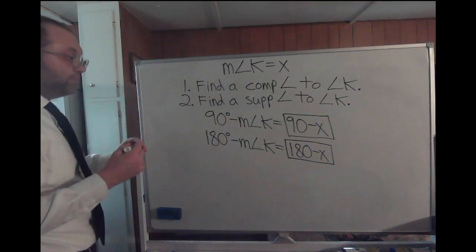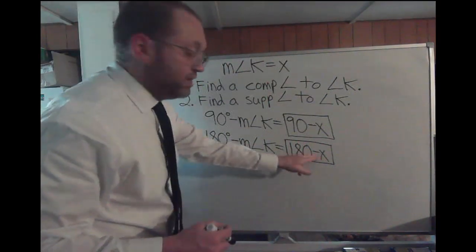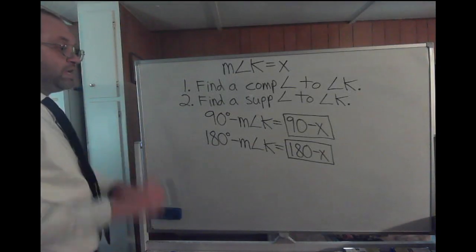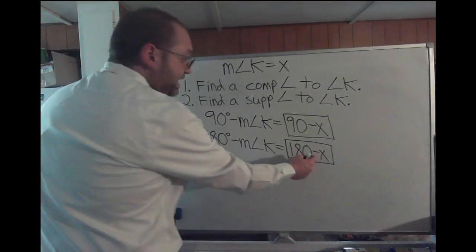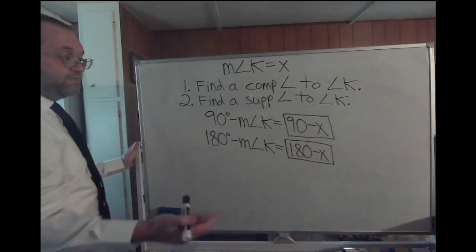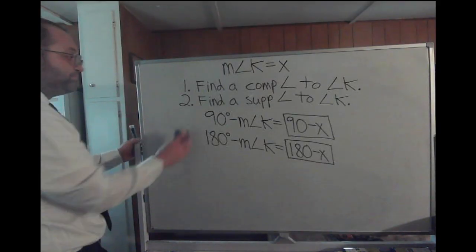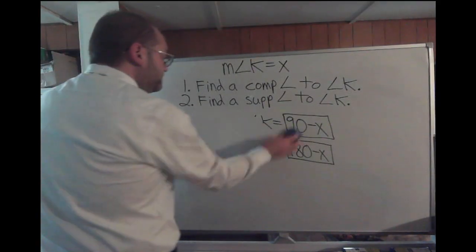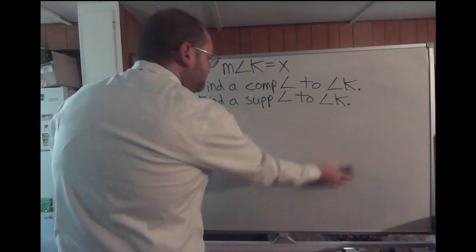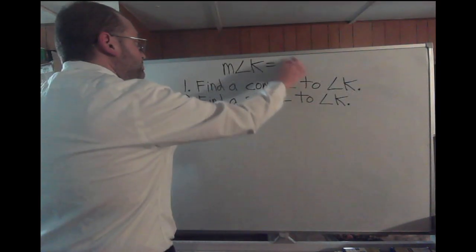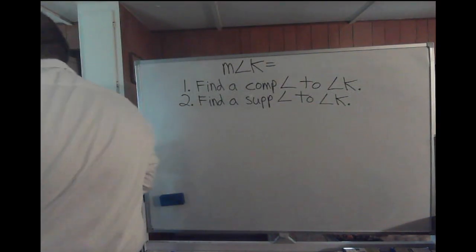So the supplement to angle K would be 180 minus x. And if you added 180 minus x plus x, you would in fact get 180. So don't be thrown too far because there's variables now. You apply the same principle, only you're going to have variables.